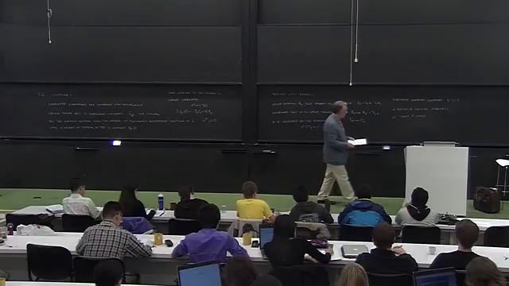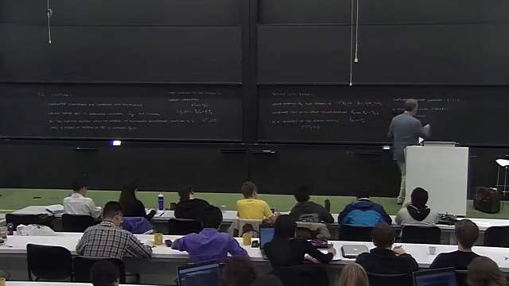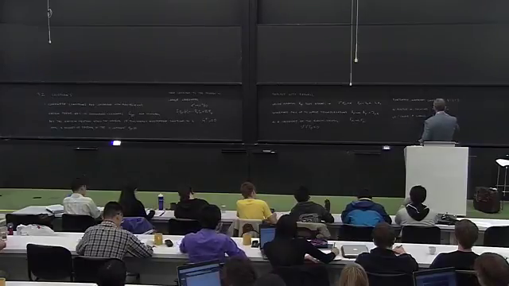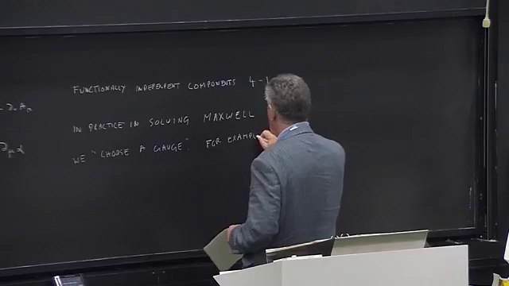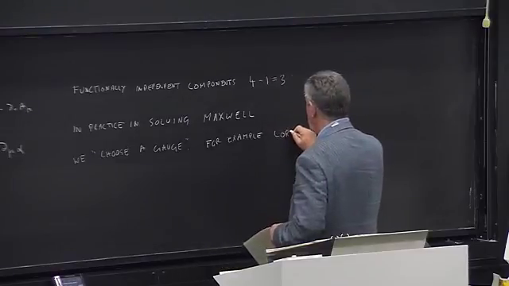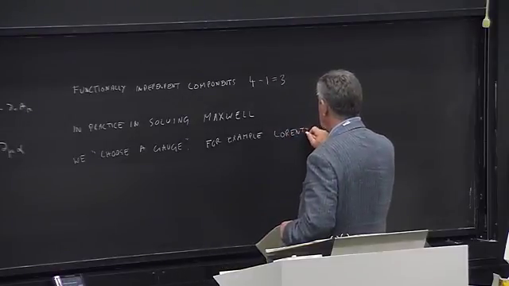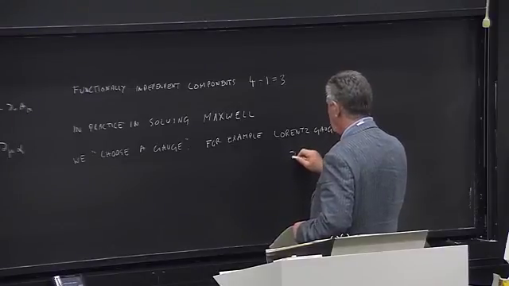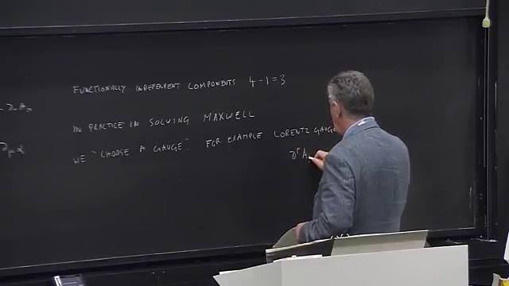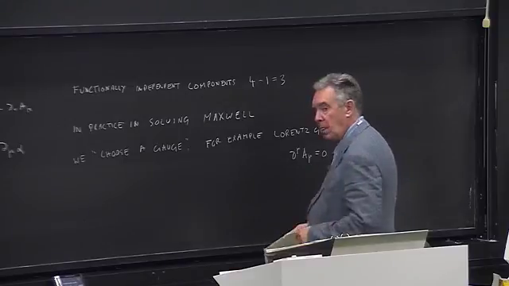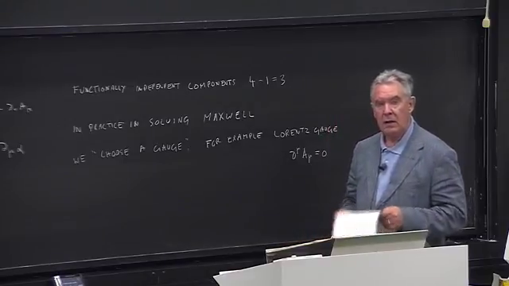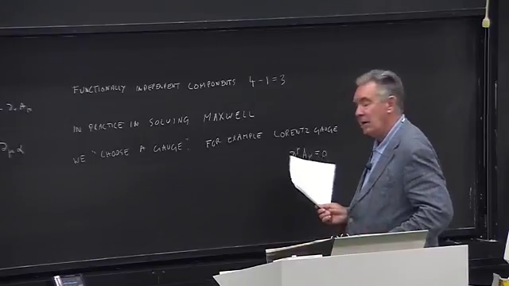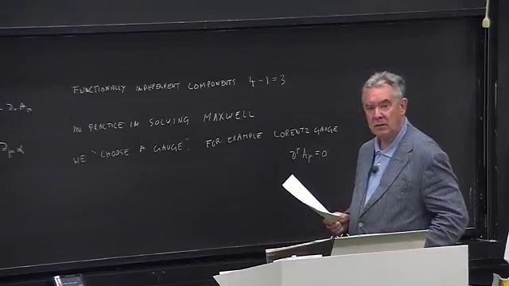For example, what's sometimes called the Lorentz gauge is to write d mu A mu equals 0. Now you'll note by its very nature this is not a gauge invariant equation.